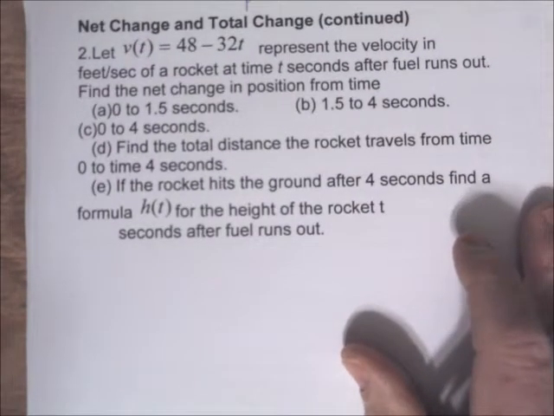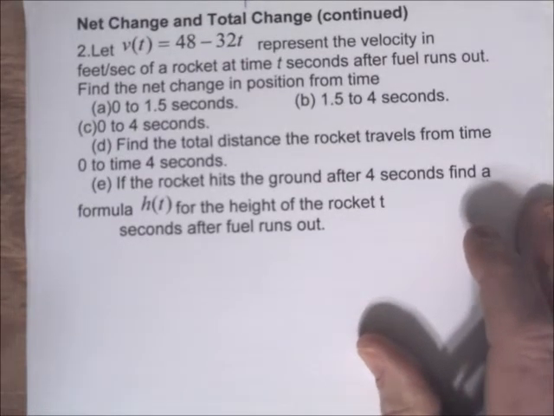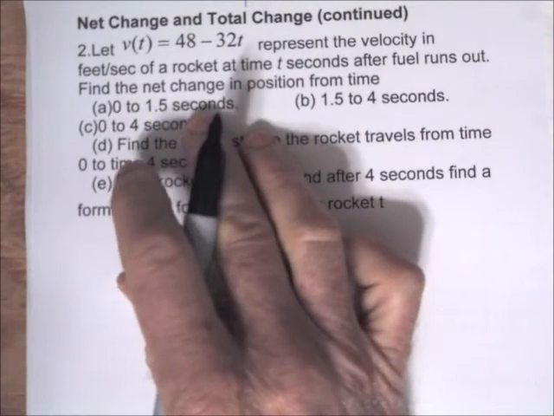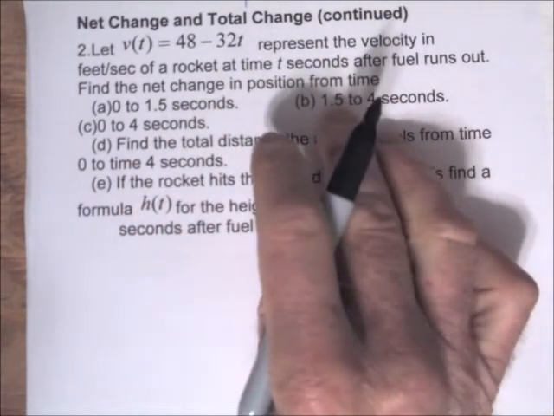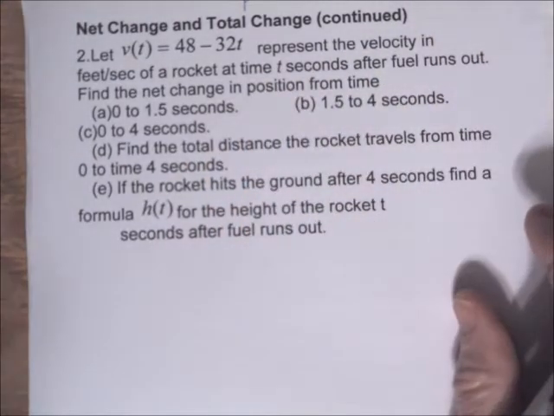Here's another example. V of t equals 48 minus 32t is the velocity in feet per second of a rocket at time t seconds after fuel runs out. Find the net change in position from 0 to 1.5 seconds, 1.5 to 4 seconds, 0 to 4 seconds, and the total distance traveled from time 0 to 4 seconds.